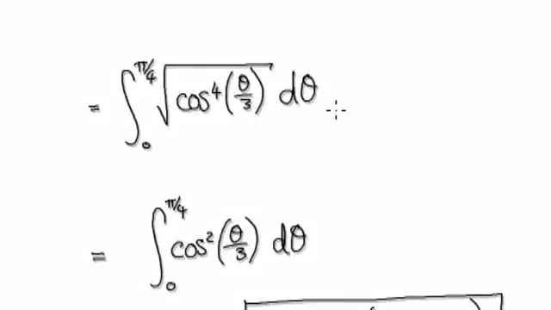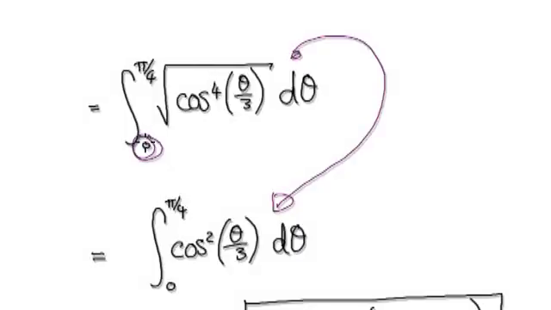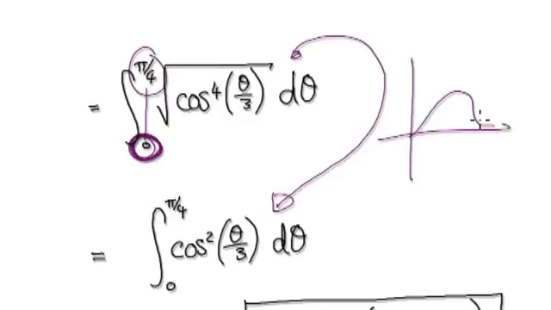By right, you should consider the absolute value as well, but because our domain is from 0 to pi over 4, we are always in the positive realm.